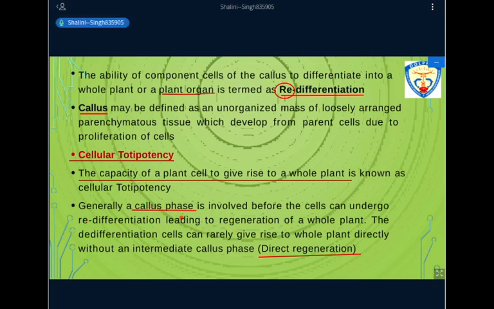Taking plant from the explant cells, either you can go for direct regeneration or you can go through the callus phase, that is indirect regeneration. Bharti, am I audible?